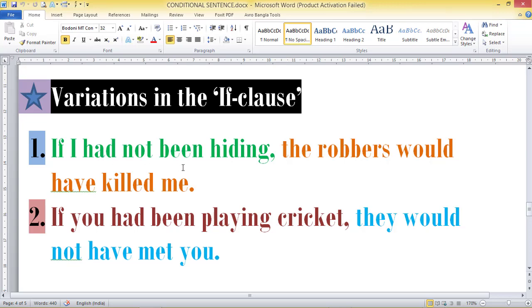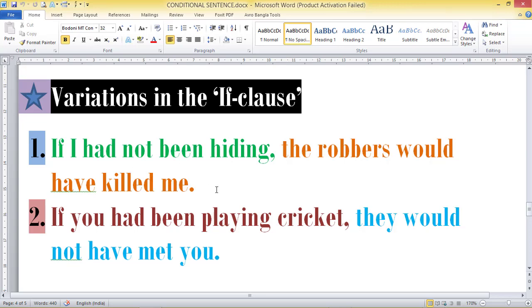If I had not been hiding, the robbers would have killed me. I had been hiding, I was hiding, for which the robbers could not kill me. If this did not happen, the robbers would have killed me.